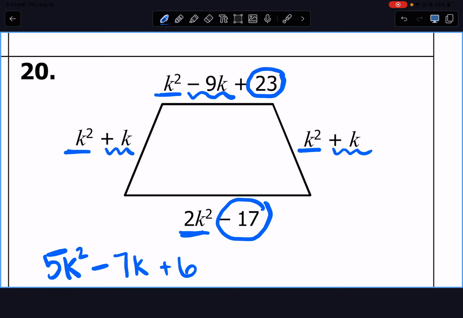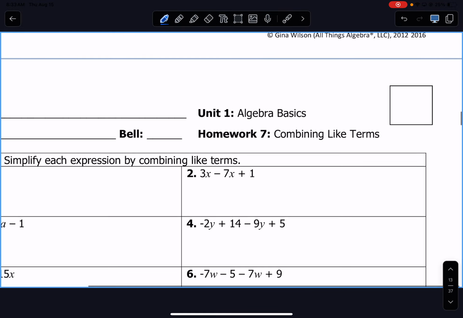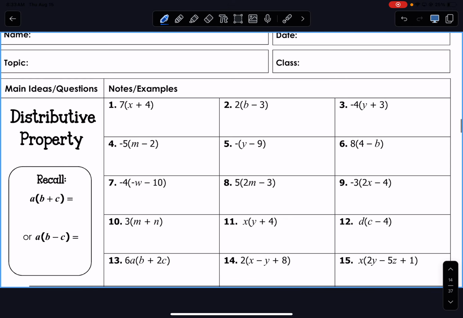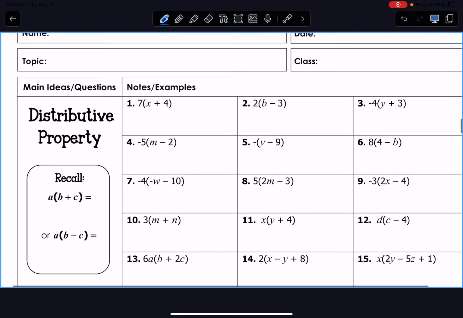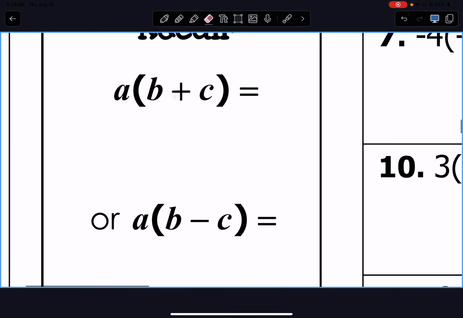All right, so we're going to look at the distributive property today too. All right, so first we're going to do this part right here. If I want to distribute A into that parentheses next to it, how do I do that? I'll give y'all a second. I've been going fast.